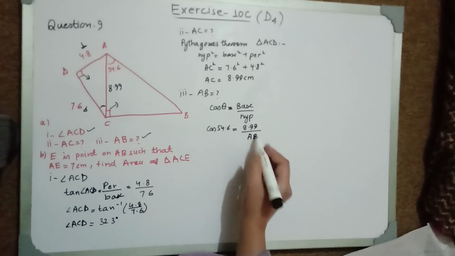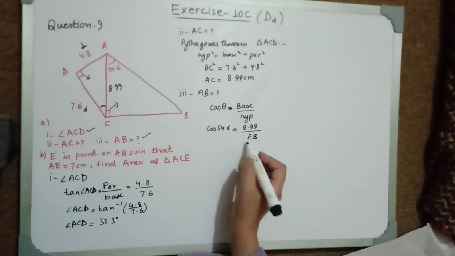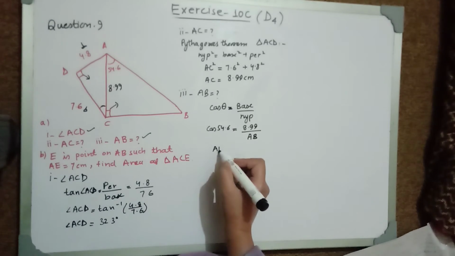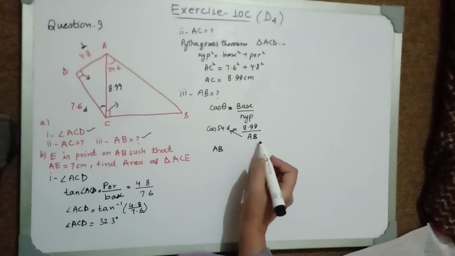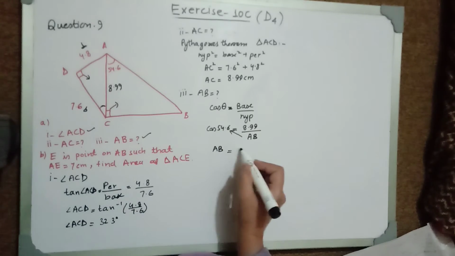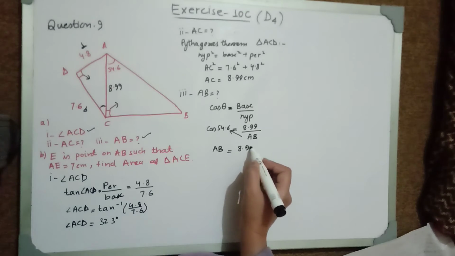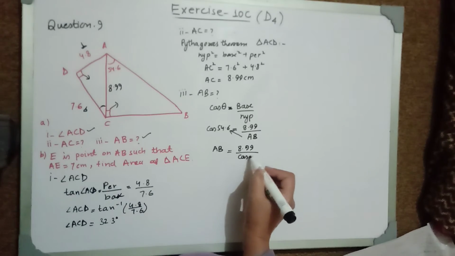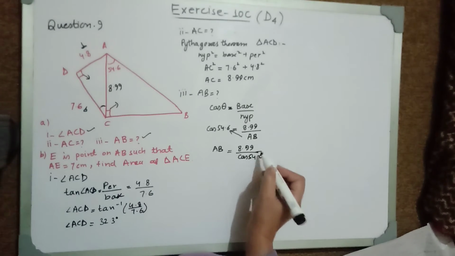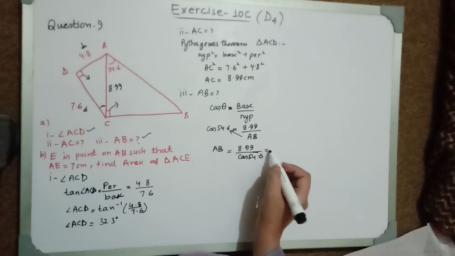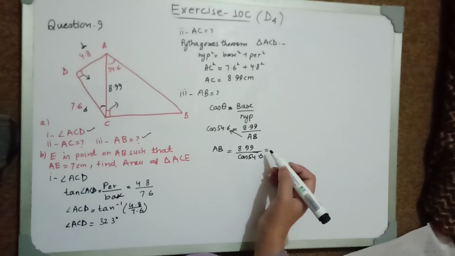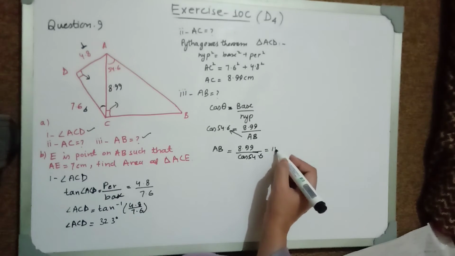So I'm going to rearrange this equation. AB will be on the opposite side by cross multiplying, and cos 54.6 will be divided on this side. So AB is equal to 8.99 over cos 54.6, and on solving you get the value of AB equals 15.5 centimeters.